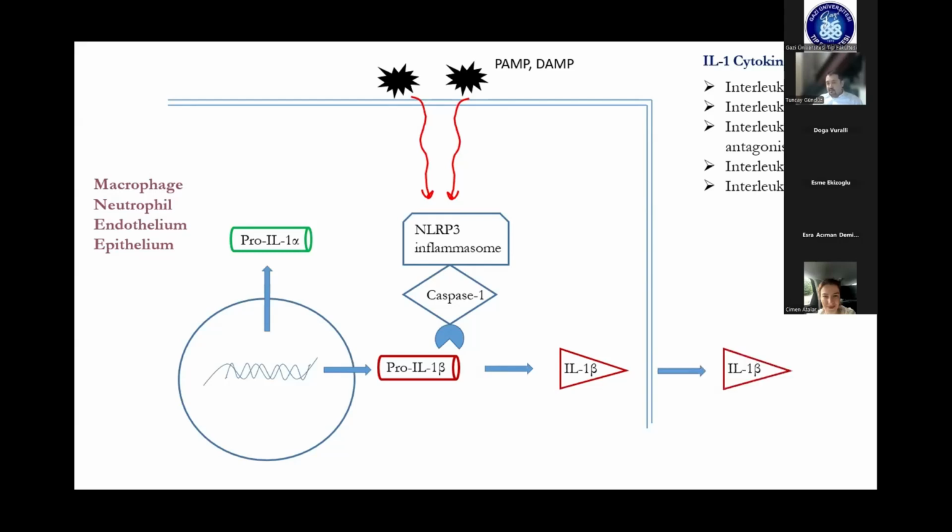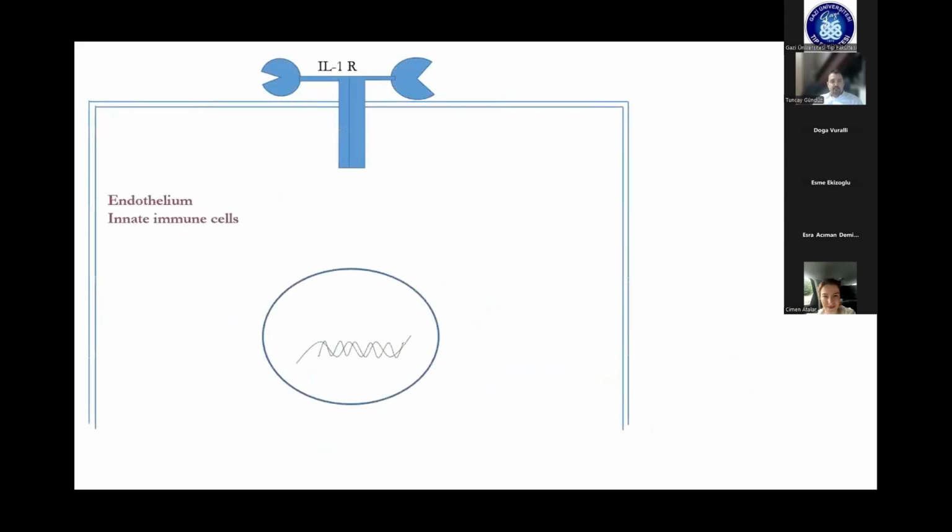This in turn converts pro-interleukin-1 beta to interleukin-1 beta. After the release of interleukin-1 beta to the systemic circulation, it arrives at the effector cells, which are mainly endothelium and innate immune cells in this context. Interleukin-1 beta, and to a lesser extent interleukin-1 alpha, binds to the cellular surface interleukin-1 receptor.